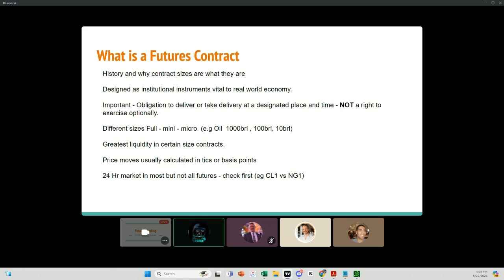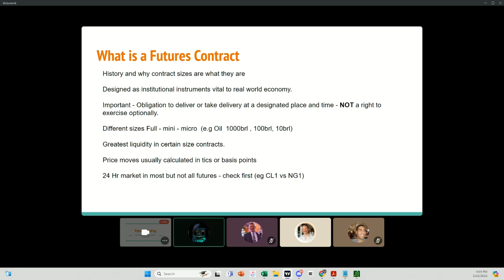For instance, live cattle is 80, and barrels are 1,000 barrels for a full contract. Wheat is in sheafs of 40 and stuff. Essentially, they are what they are because that was fitted inside a standard railroad car for delivery to Chicago, where the CME actually is, and that's where all the full size contracts are based on.